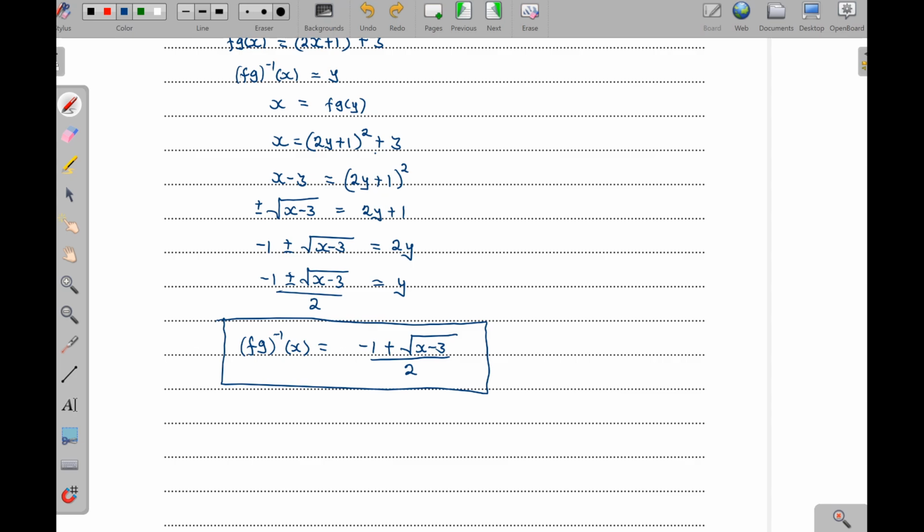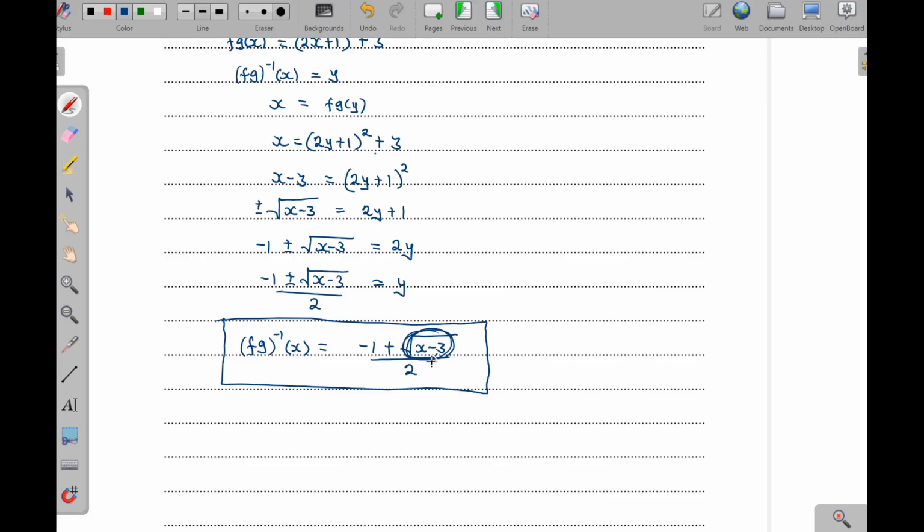Now if it is positive, that simply implies the smallest x can be is a 3, because if it is a 2, then you have 2 minus 3, that one will give you a negative 1, so you will not have the square root of a negative 1, it will be undefined. So x here has to be equal to what?